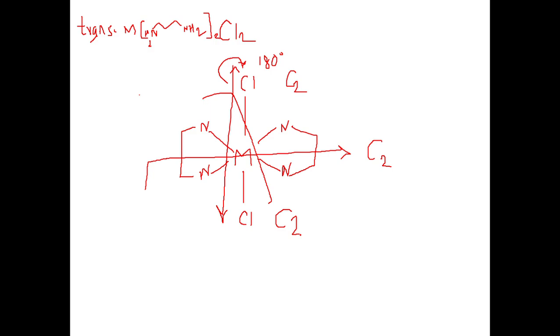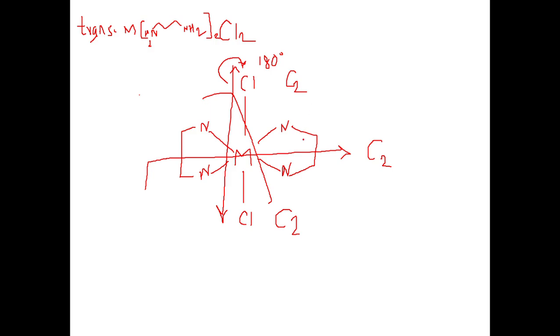So how many subsidiary C2 axes are present? Two, and one is the principal axis because it passes through the central metal. So here we have 2 C2 axes and one principal axis.